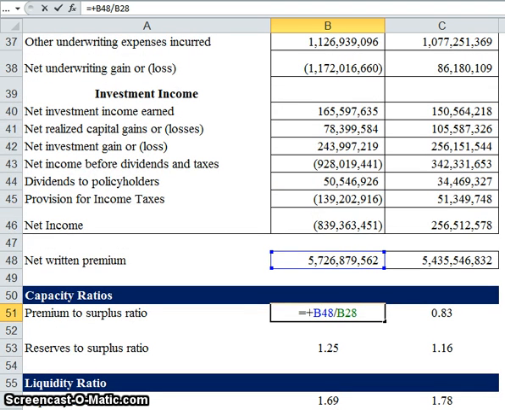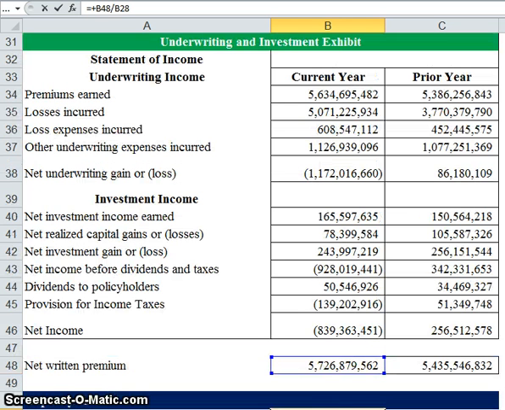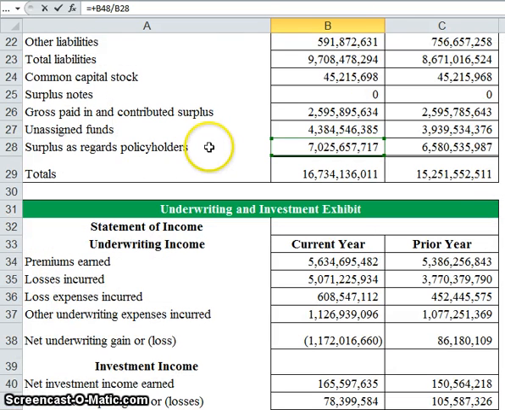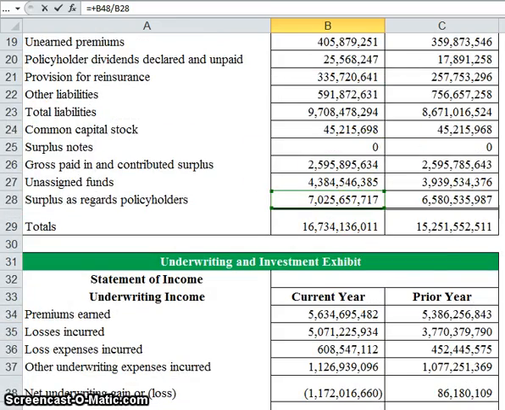So, the premium to surplus ratio is measuring net written premium, B48, to policyholder surplus, B28, outlined here in green. If you're not real familiar with Excel, you can see B48 is outlined in blue, B28 is outlined in green.